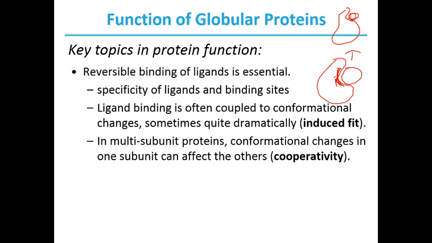In multi-subunit proteins, conformational changes in one subunit can affect the others, which means that if you have a protein with multiple subunits, for example, a protein that has 4 subunits, 1, 2, 3, and 4.